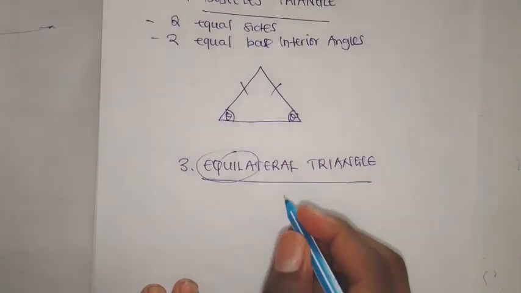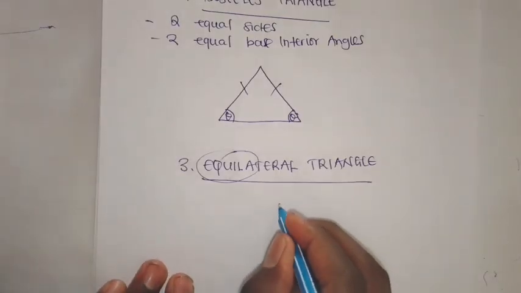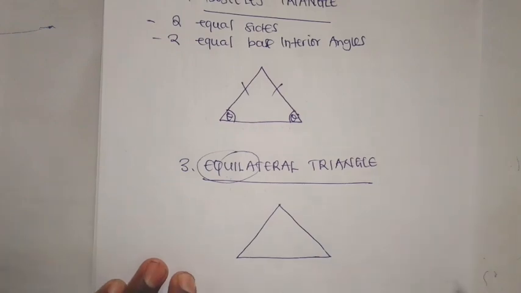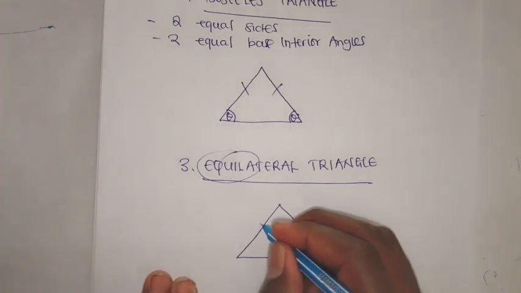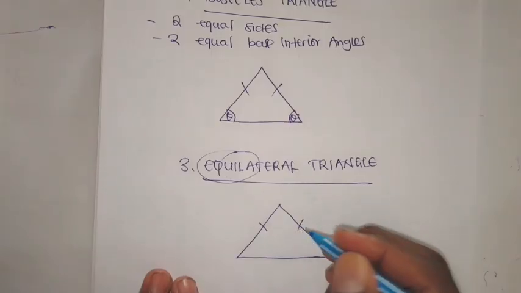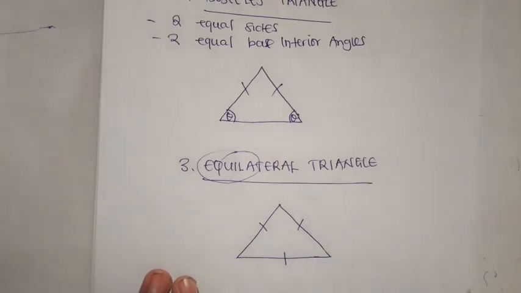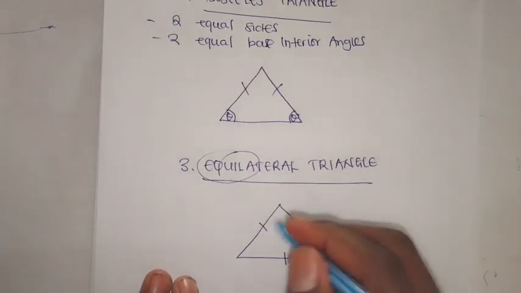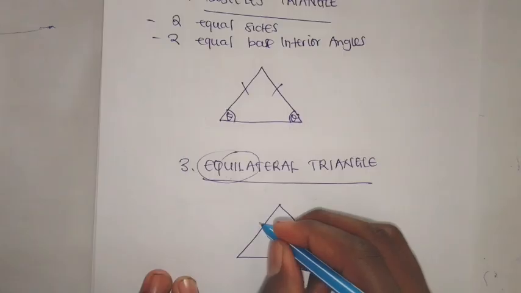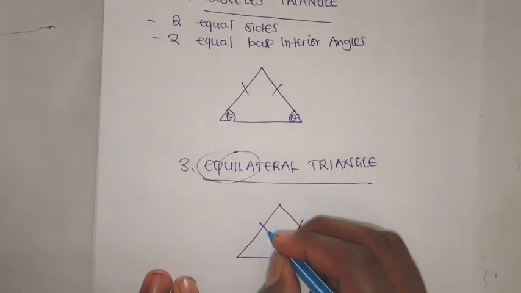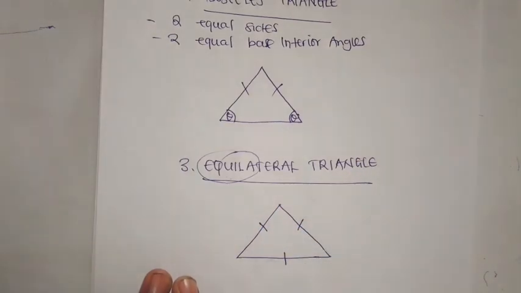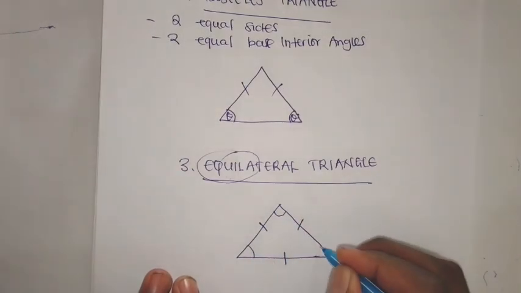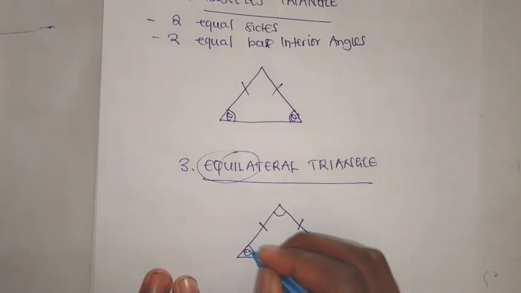So it looks like this. This is equal to this one, also equal to this one. So it's going to have 3 marks, because all the 3 sides are equal. Even 3 equal interior angles.